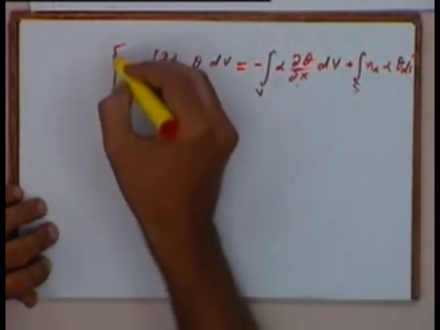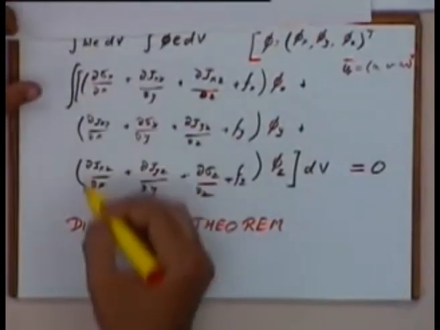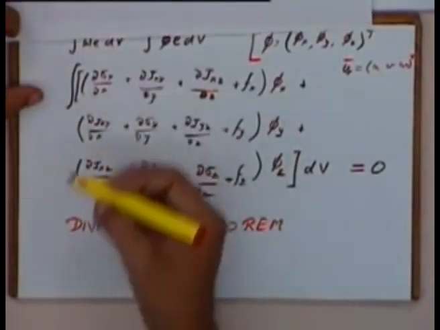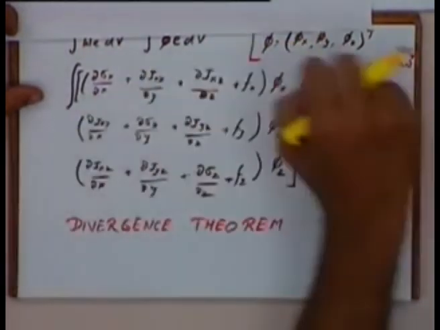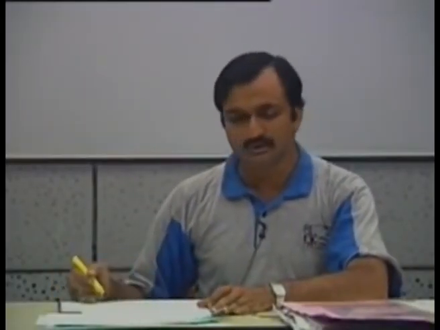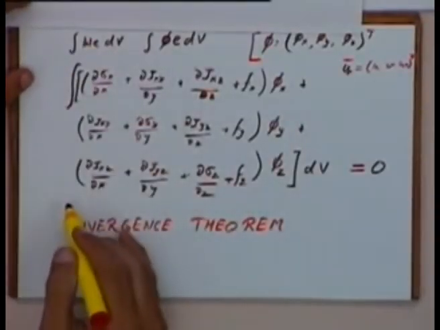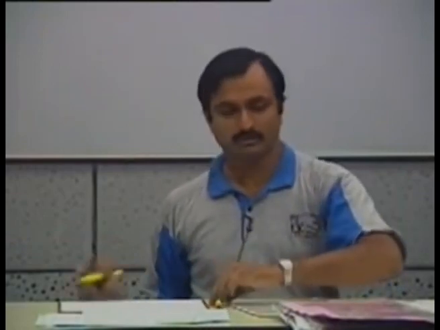We will take this divergence theorem, apply it to this integral and then simplify the integral that we get. That will give us a simple method of applying the Galerkin's approach for all elastic materials. In the next class we will be using this divergence theorem to simplify this integral and continue from that point. So that is all we will be doing today.